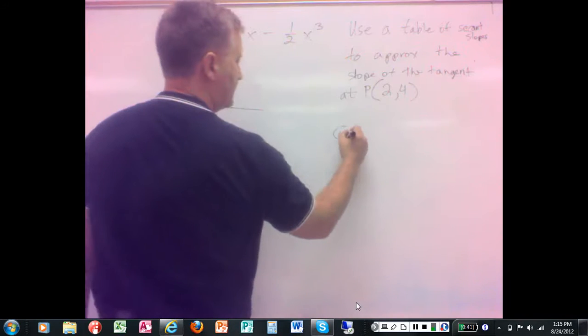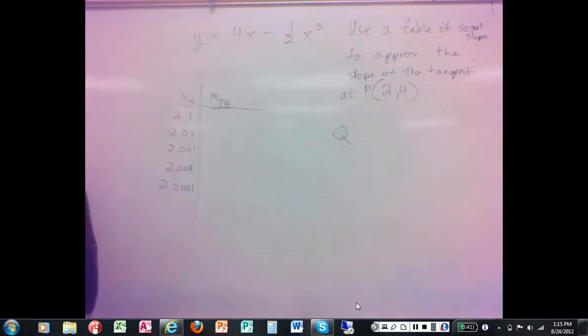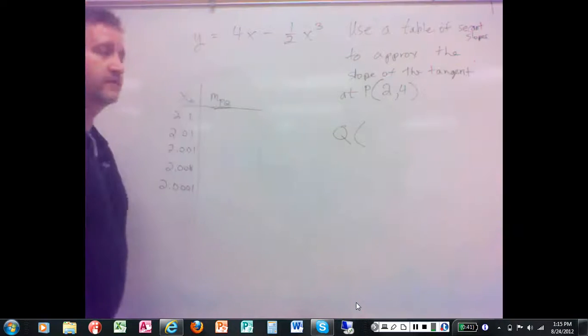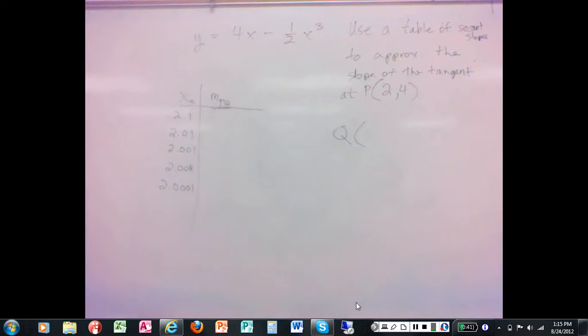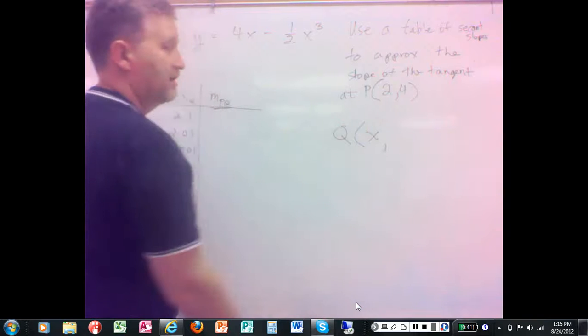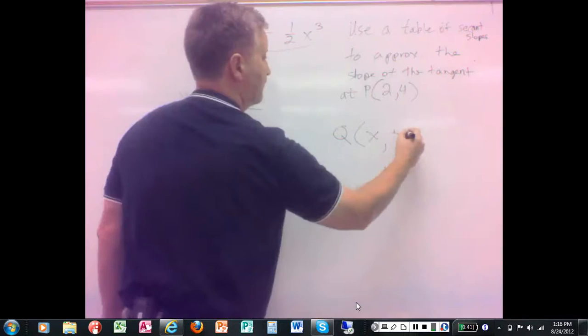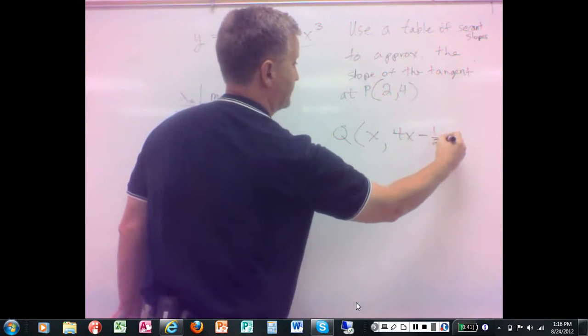Now the other thing is we need to set up this Mpq equation. What is, in general, q going to be, though? This is going to be the x values I use, but if I just say the x value of the q is x, what's the y value? Well, the y value is 4x minus 1/2 x cubed.